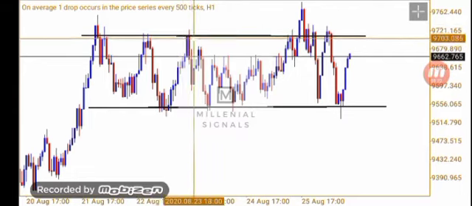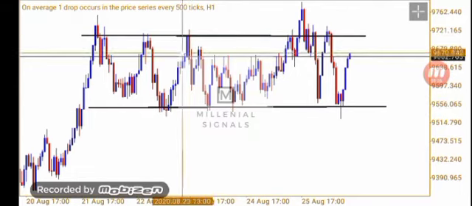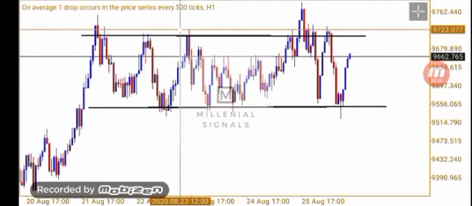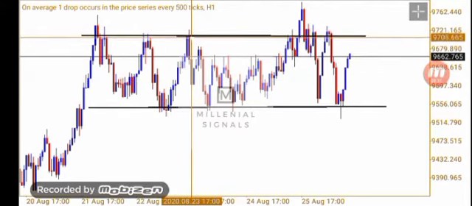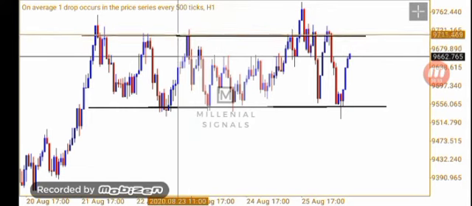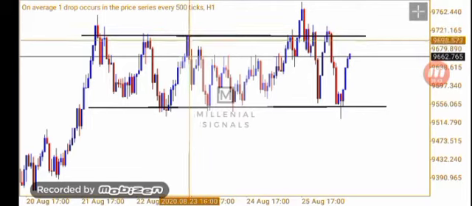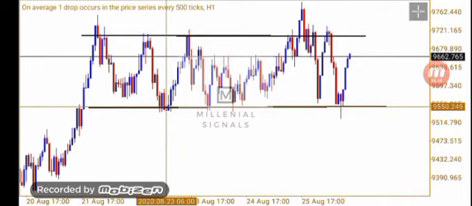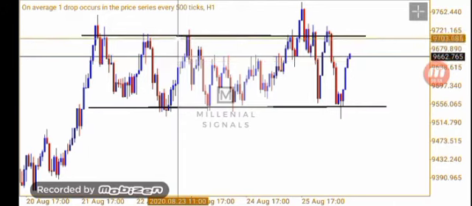And you can see here as well, after price moved, it made the power move into resistance, right? So you can even swing this. If you're a swing trader, you can swing this. Once price was rejected at the support level and buyers took control, they took price up, right?